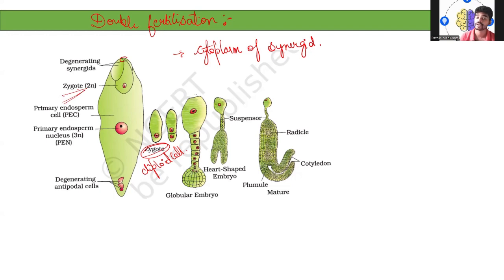This is one thing. Another, I told you there was another male gamete, right? That is going to move towards the center and fuse with the central cell. It is going to fuse with the two polar nuclei located in the center to form the primary endosperm nucleus, which is nothing but PEN.